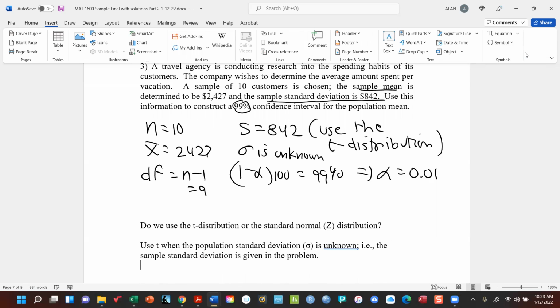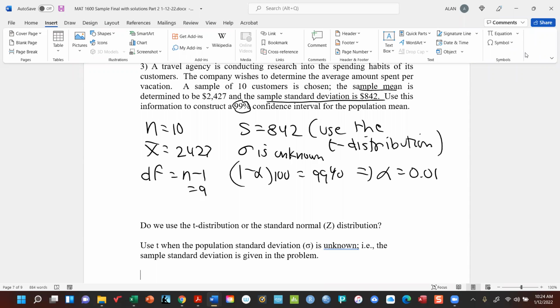So the problem itself may not say the actual words, the population standard deviation is unknown. But if they give you the sample standard deviation, that implies that we're using that instead of the population standard deviation. So just the mere fact that it says the sample standard deviation is X, that's enough to know that we're using the t distribution.